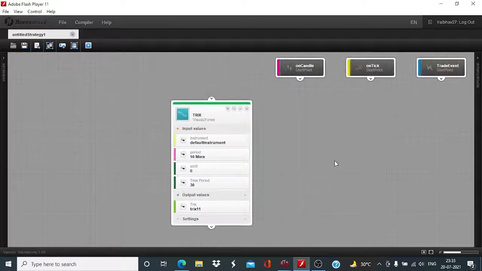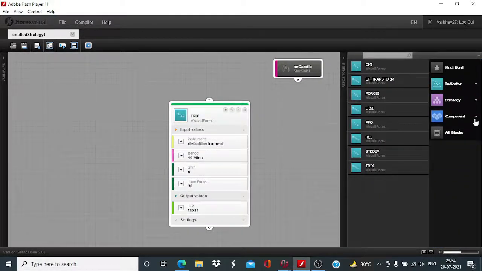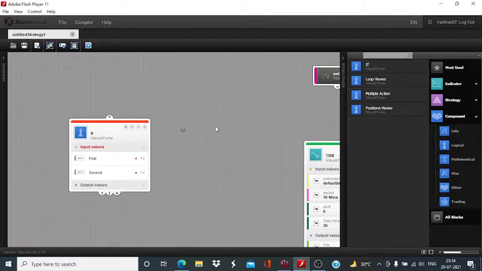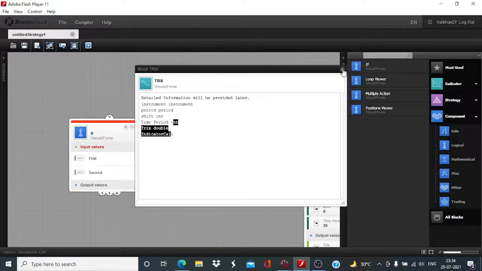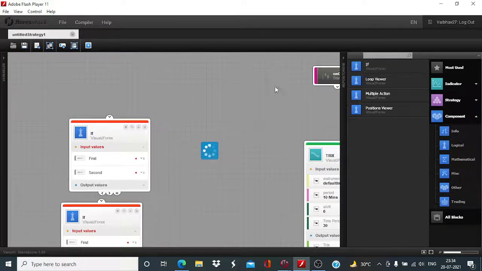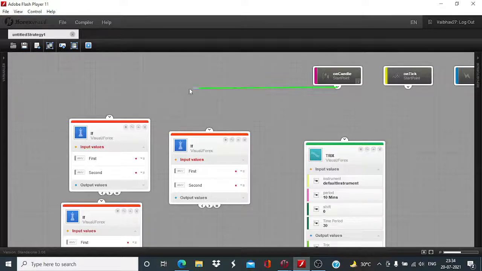So we get started with this Visual JForex board. First thing we will have to do is get the logical blocks. First three are going to be if blocks, and we will have to get the instrument subscription done. On candle is going to be our start point.